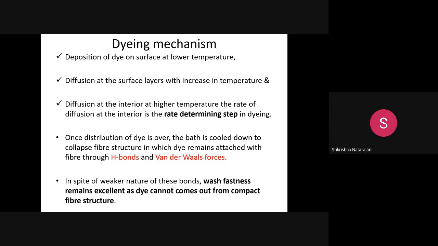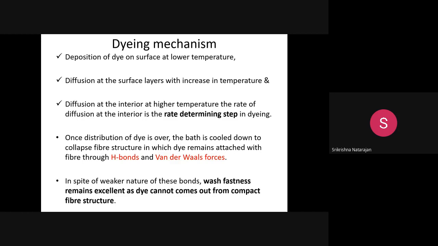Okay, once it is closed, it will not open unless you apply some high temperature, because it is a thermoplastic fiber. At room temperature, it will be in a glassy state. Okay, that is why, even though it has the van der Waals force of attraction between, which is a very weak force, still, why is its washing fastness good?